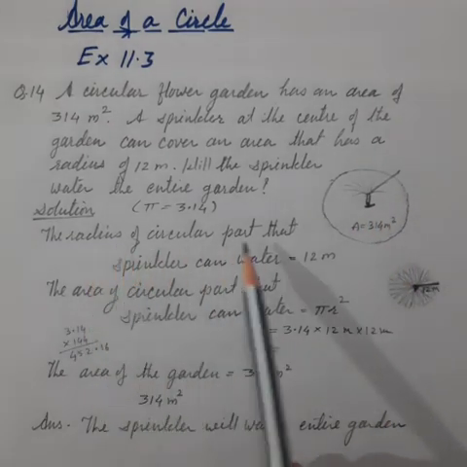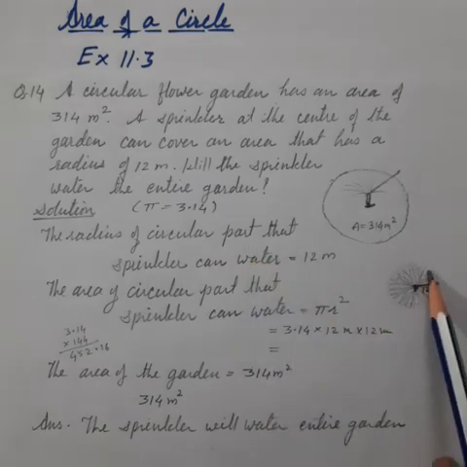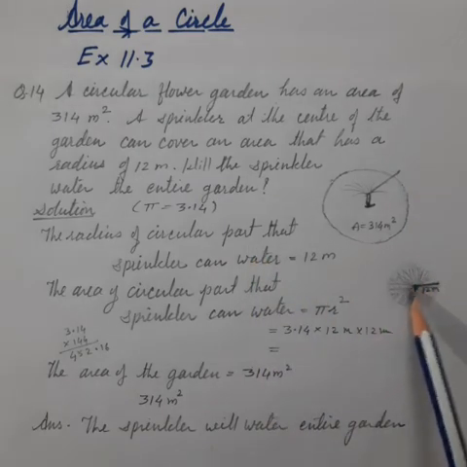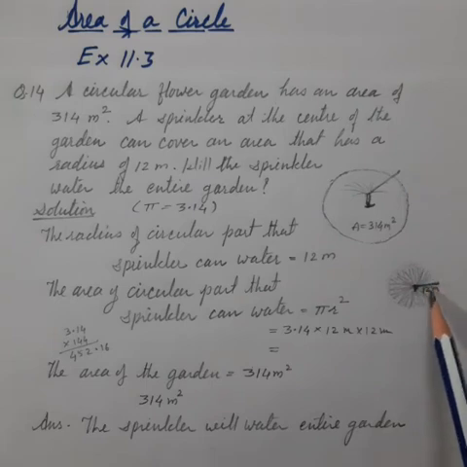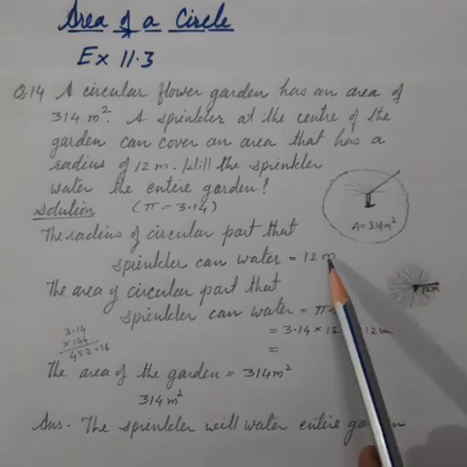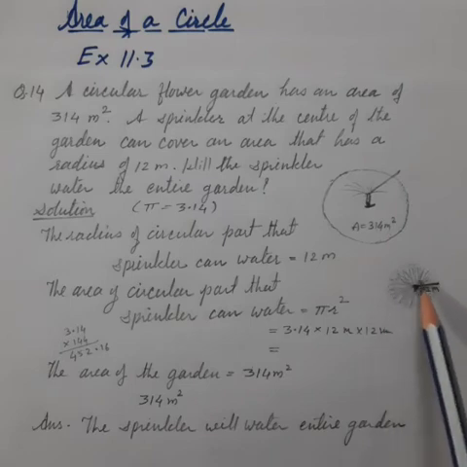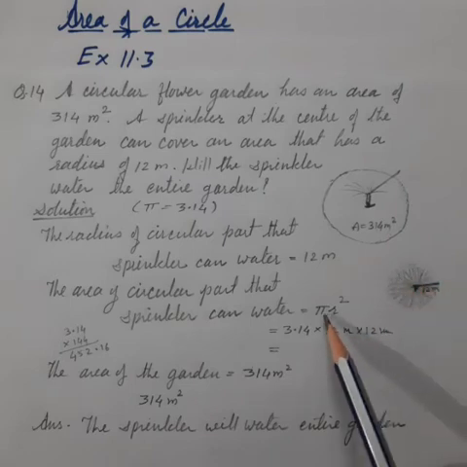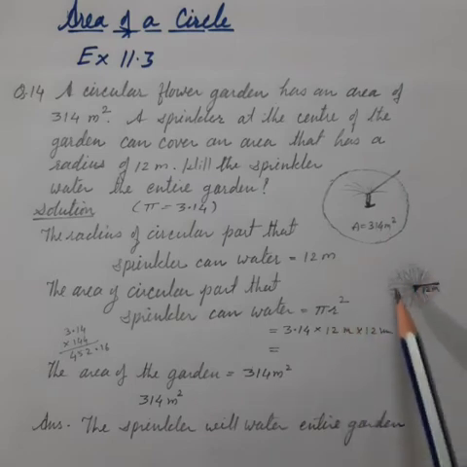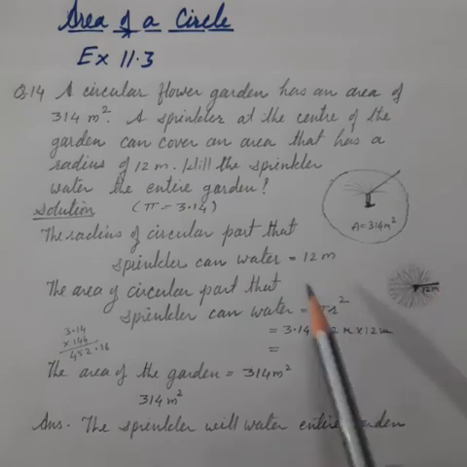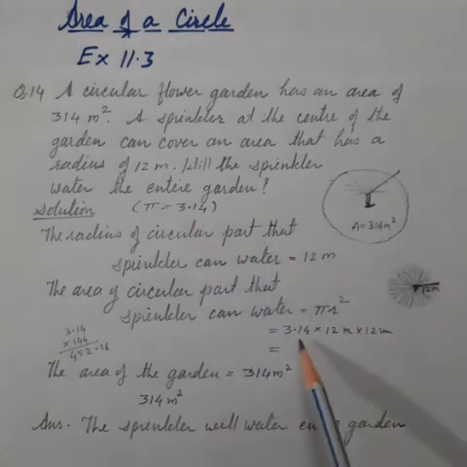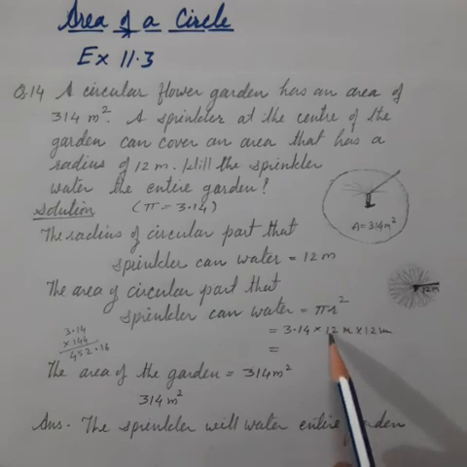Here the radius of the circular portion that the sprinkler waters is given as 12 meter. So the area of the circular portion that the sprinkler can water is pi r square because it is in circular shape. Pi is given 3.14 and r is 12 meter.